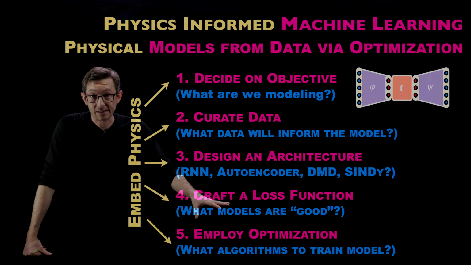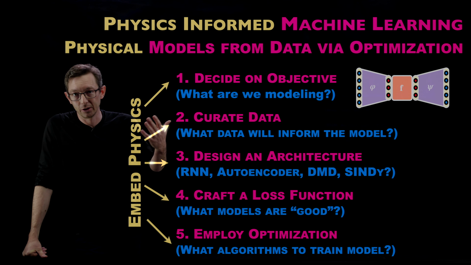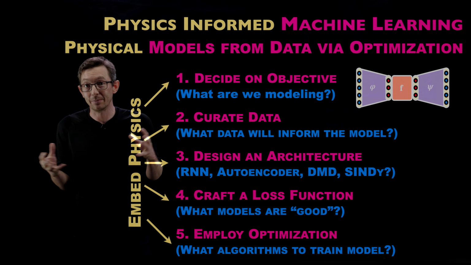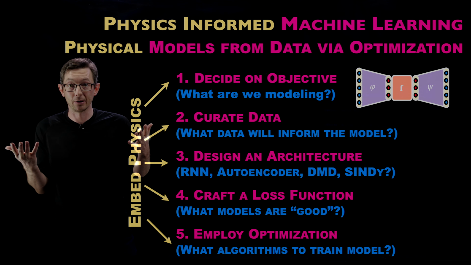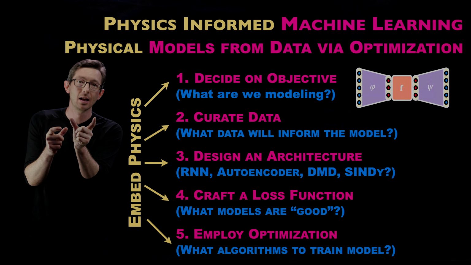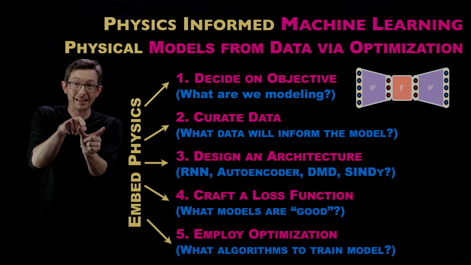So crafting the loss function is another great place to bake in physics. Let's say, again, I'm a fluids person, so I think about estimating a flow field. I want my flow fields to be divergence free if it's an incompressible fluid. So what I can do is I can add a term in my loss function that has the divergence of my estimated flow field. And again, if that's non-zero, that's a penalty.